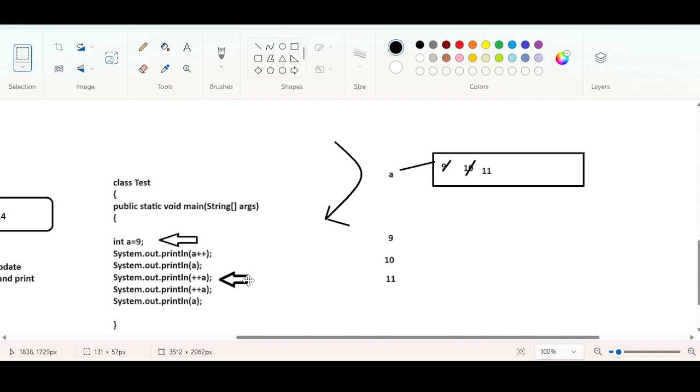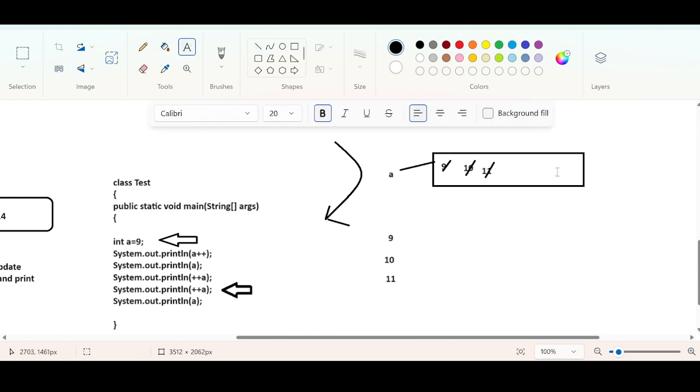This line is done. Now the next line: update and print. So 11 will get updated to 12. Print the value 12.